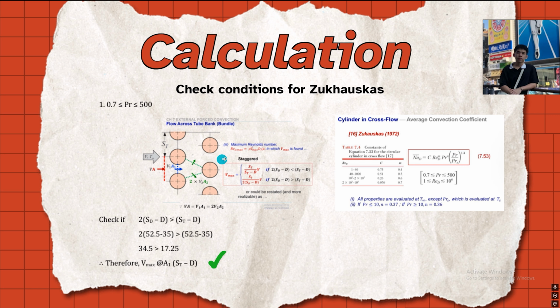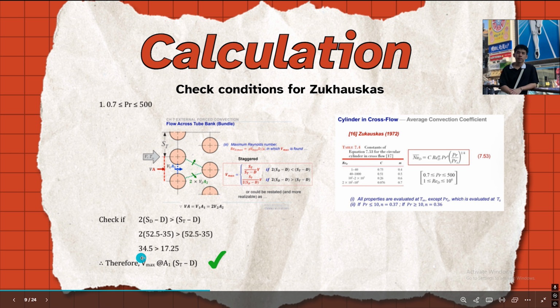For a staggered arrangement, we first check the condition: SD minus D more than ST minus D. Is it true or not? Plugging in all the values, they turn out to be 34.5 more than 17.25, which is true.